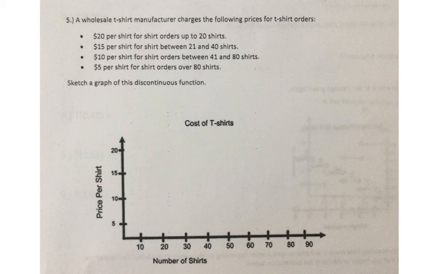The reason I don't like it is because I don't think these lines should be connected, because you can't order half a t-shirt, which is what we've just been talking about. So I don't think it should be, and maybe it's not supposed to be. I'm not looking at the teacher's one.